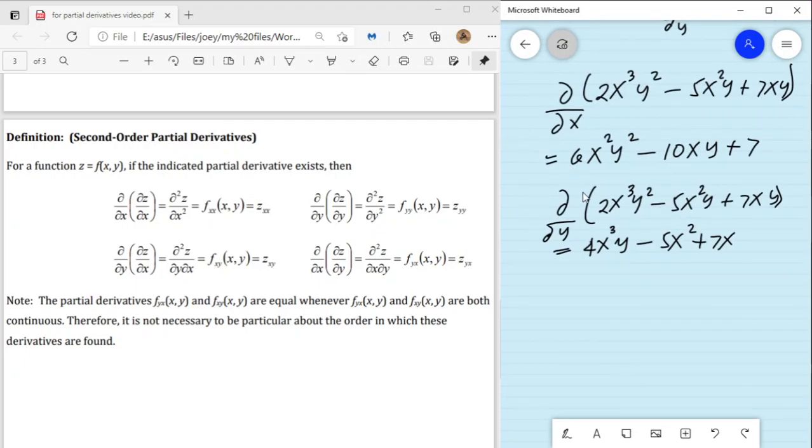Okay, so note that the partial derivative of this expression with respect to x is 1.